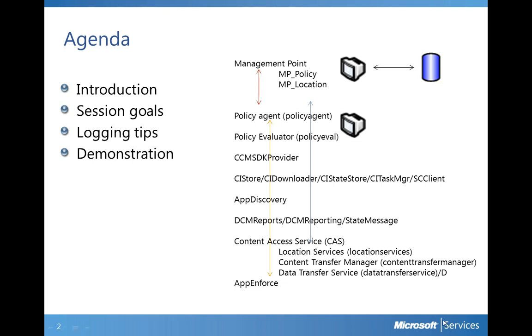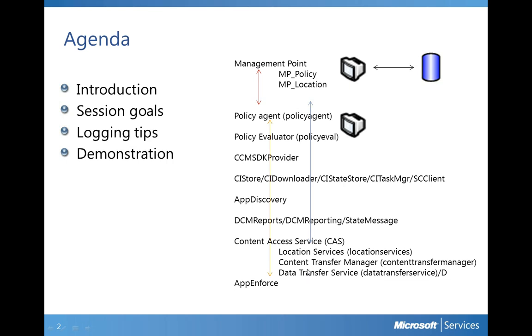Content Access Service and the related components are responsible for locating the content that we're going to deploy. Okay, and a little note about this. In the demo, you will definitely see all of these components active. If the content is already downloaded to the client and in the cache whenever it comes time to run the application, then you'll certainly see Content Access Service, but you won't see some of these others because there's no need to acquire that content.